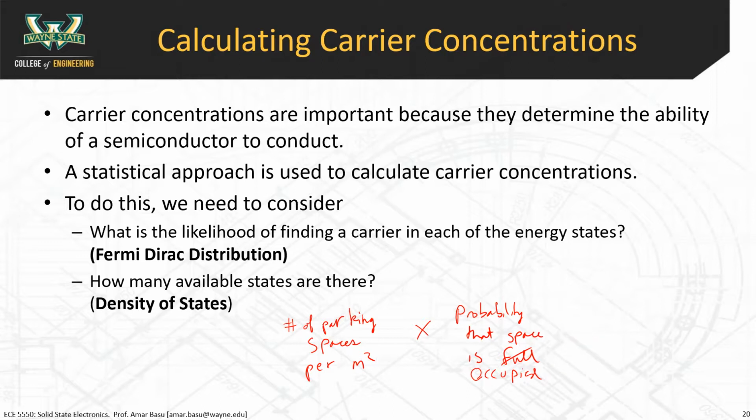So the units here is 1 over meter squared. You're multiplying this by something that's unitless, and so the units are 1 per meter squared. So what you're going to get here is the number of cars per meter squared. In other words, the concentration of cars.